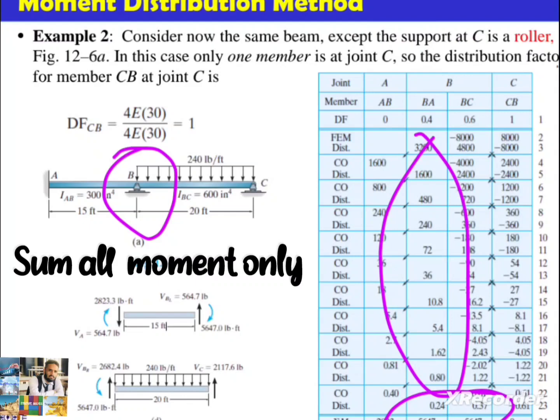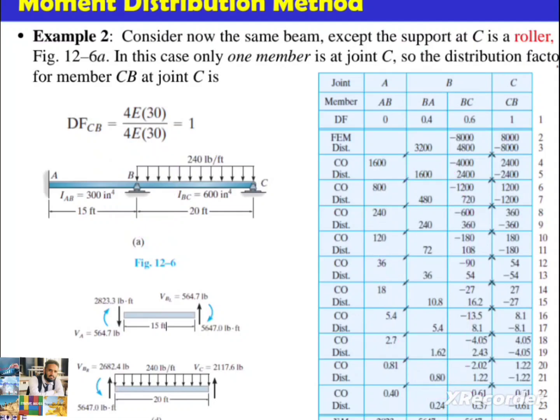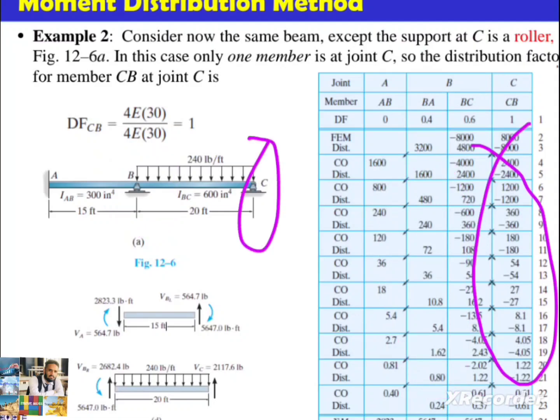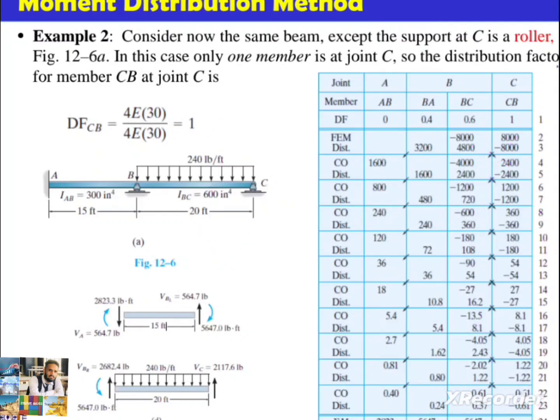The total moment at a roller support will be equal to 0. So when we add we will get 0, and the total moment at point C will be equal to 0. By adding all these moments we will get the 0 value. If we can't get the value at point C as 0, then there is an error in the calculation.